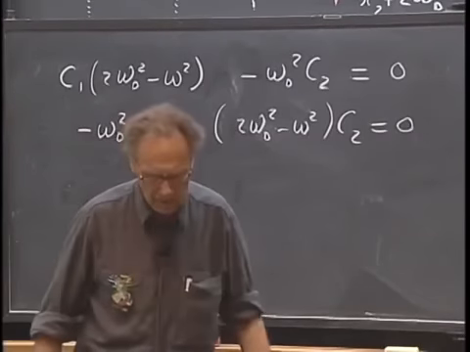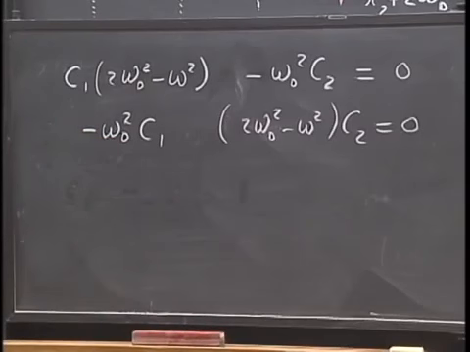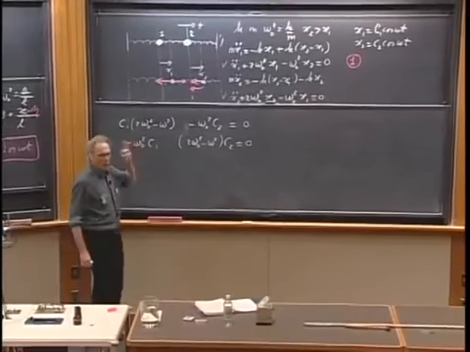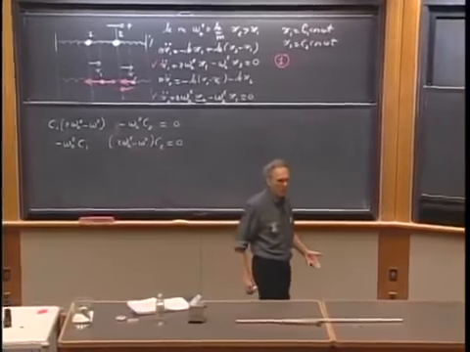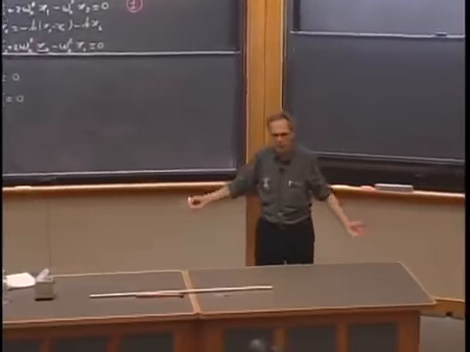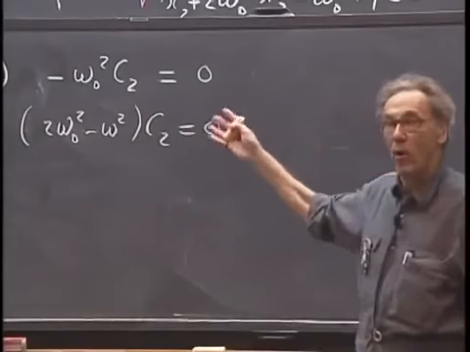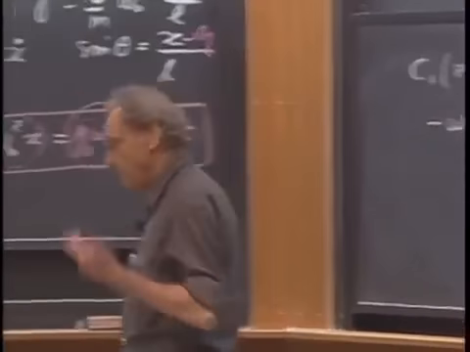So what do I have here now? I have here two equations with three unknowns. I want to know what omega is in the normal modes, but I also would like to know what c1 and c2 is. Well, that is tough luck. You can't have it both ways. We do not know at all what c1 and c2 is separately.